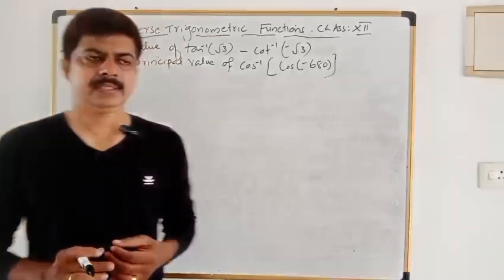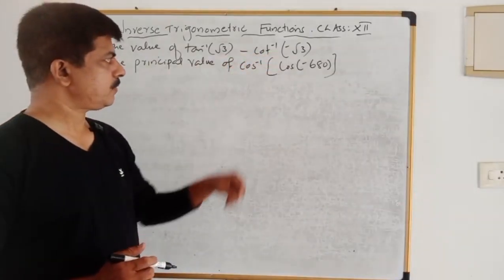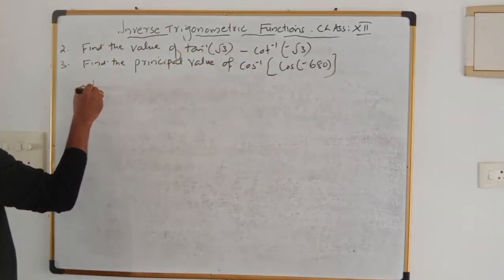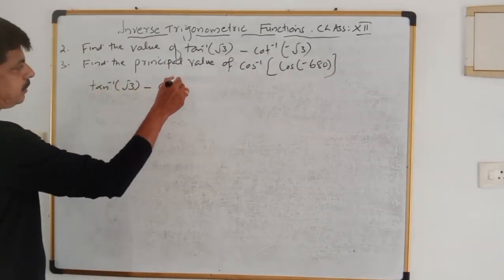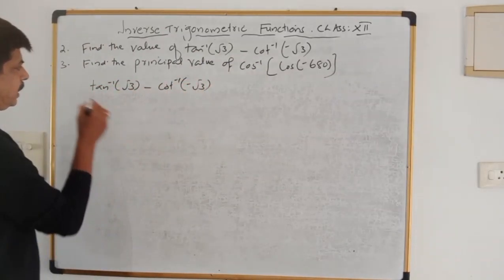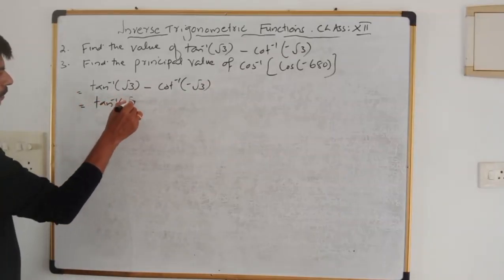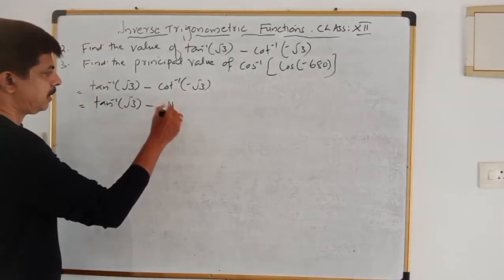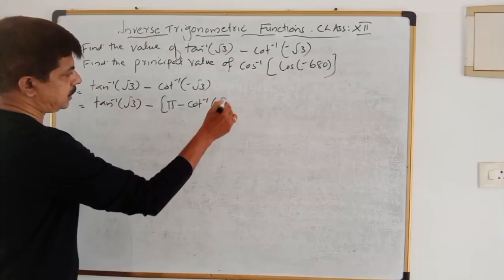Is it clear? Okay, this is our second question. Find the value of tan inverse root 3 minus cot inverse negative root 3. So we apply the substitution here. We know that cot inverse negative root 3 means pi minus cot inverse root 3.